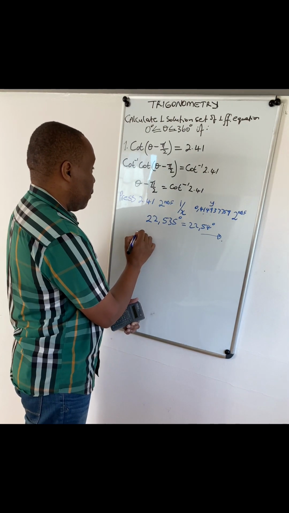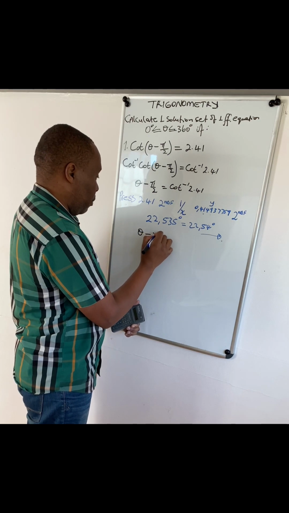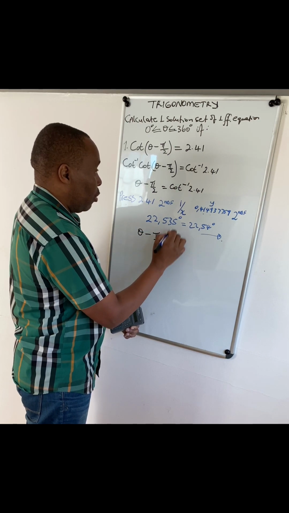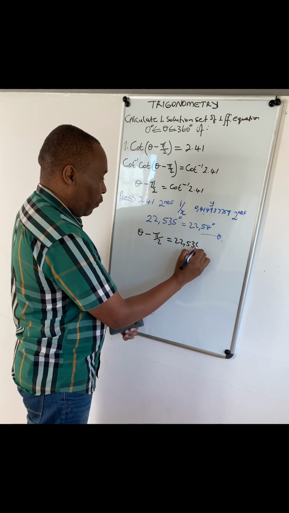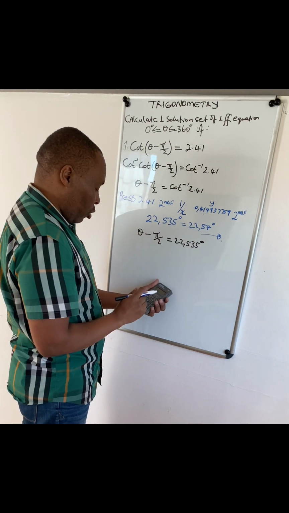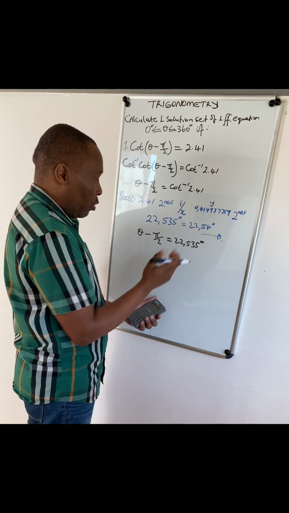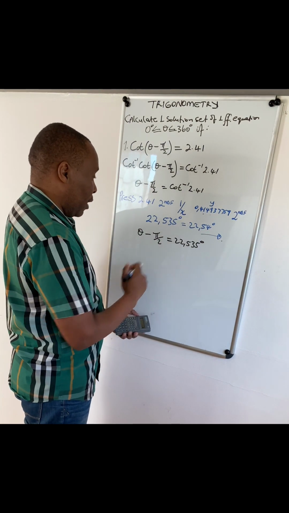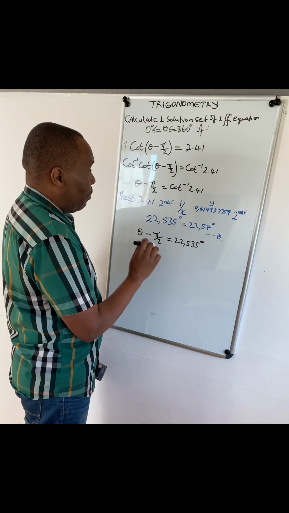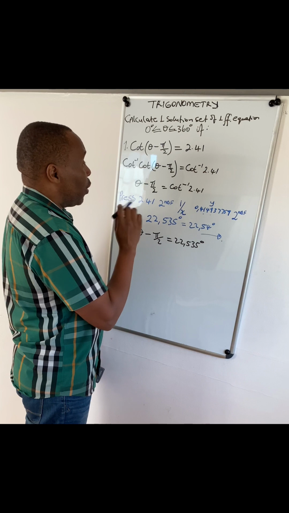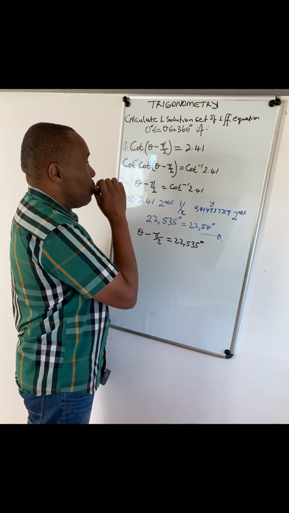So we've got theta minus pi over 2 is equal to 22.535 degrees. You can use 22.54 or 22.535, and this is what I have. Right, so here I have to ask myself, in which quadrant is cot positive?